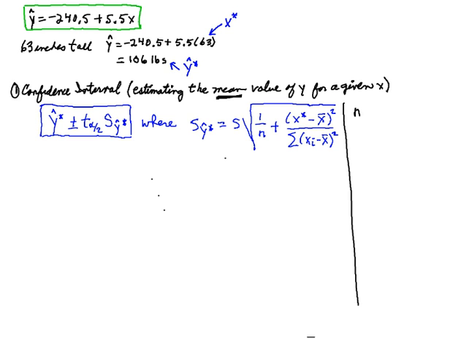Okay, now n, remember our sample size. We had 5 data points to create our estimated regression equation. Our x star, we've already discussed, is going to be our 63 in this example. Our sample average, calculated earlier, the average of the values for the independent variable x turned out to be 65.